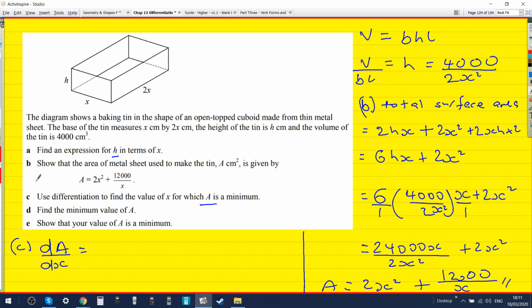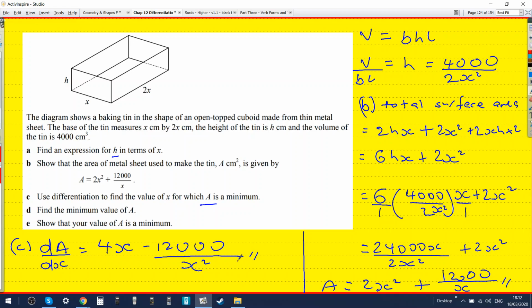Do we use the one from B? Yeah. So 4x minus 12,000 x to the minus 2. That's the same as over x squared, whichever you prefer.